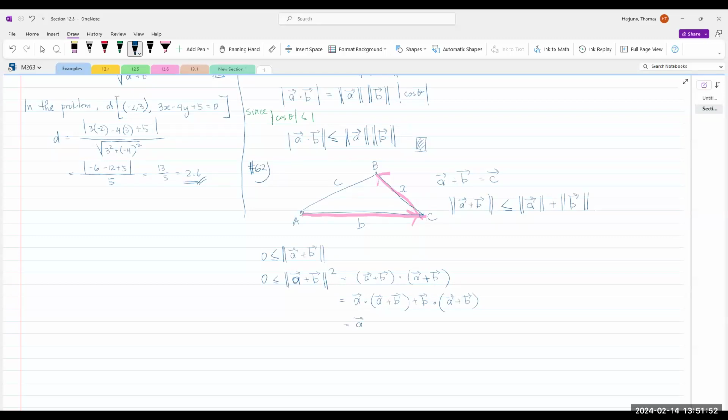This is A dot A plus A dot B plus A dot B plus B dot B. I'm sorry, it should be A dot A, that's the magnitude of A squared, plus 2 times A dot B, plus the magnitude of B squared.